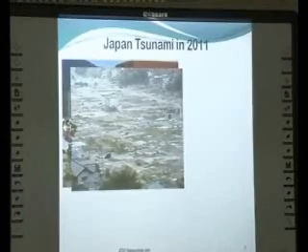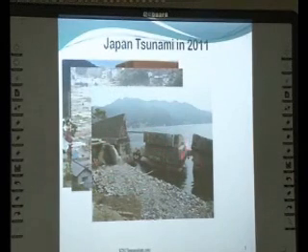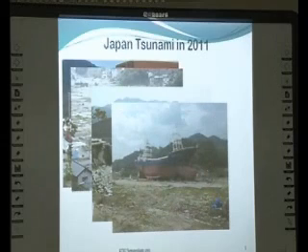You can imagine the severity of the tsunami, and you can see some coastal structures have been destroyed. And here you can see a ship. This ship has moved about 1 kilometer from the shoreline because of the tsunami.